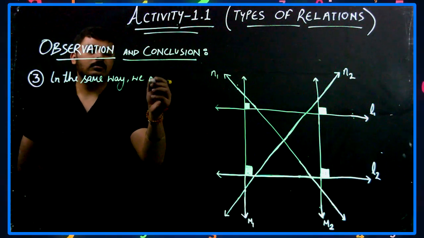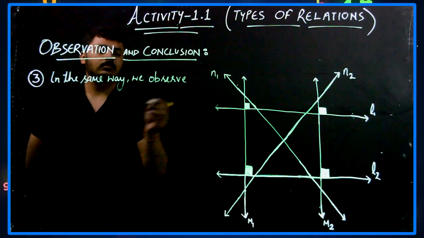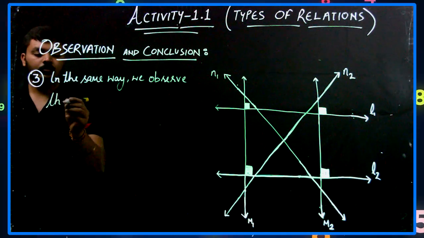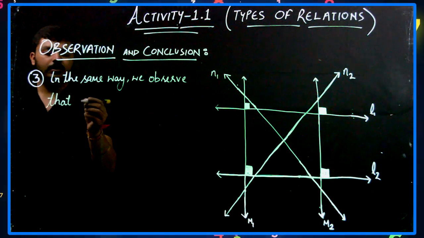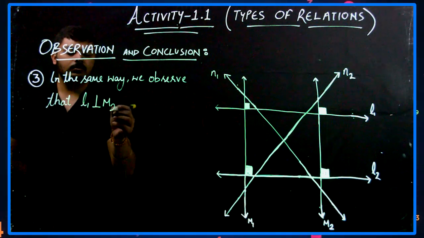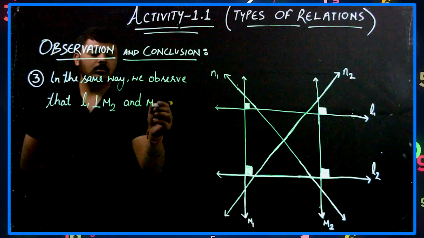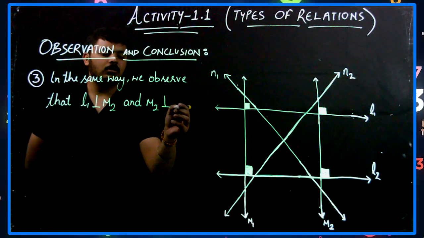So in the third step, in the same way, we observe that L1 is perpendicular to M2 and M2 is perpendicular to L1.